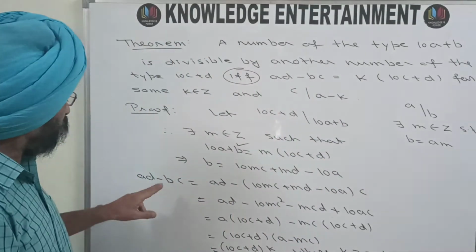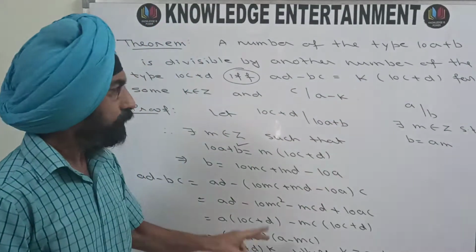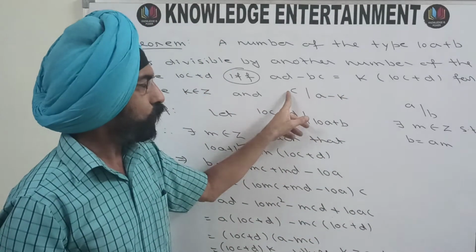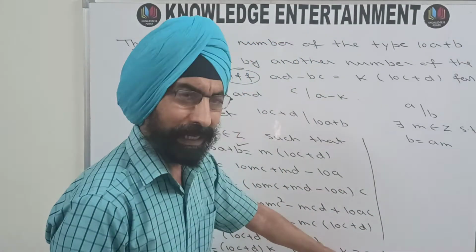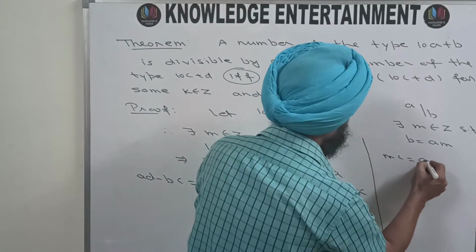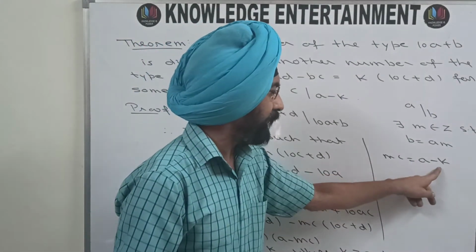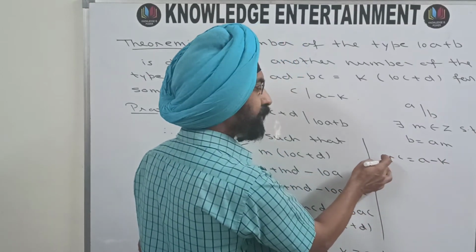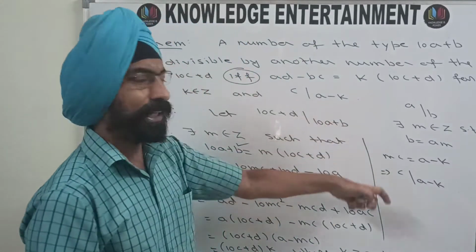This we have proved. But what else is necessary? That c should divide a minus k. From here, mc is equal to a minus k. So a minus k is c times m, which means c divides a minus k. So this condition is also satisfied.